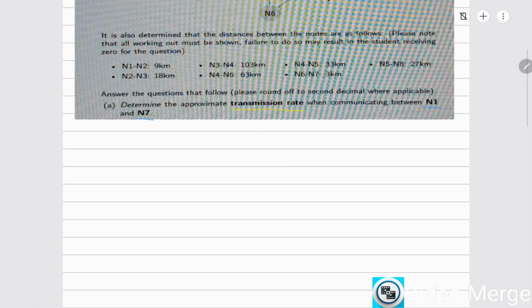So our transmission rate in this case is equal to the bottleneck. And our bottleneck is 17 megabits per second. Now we've answered question number 1.